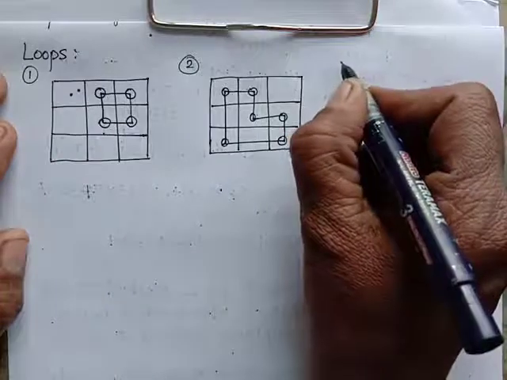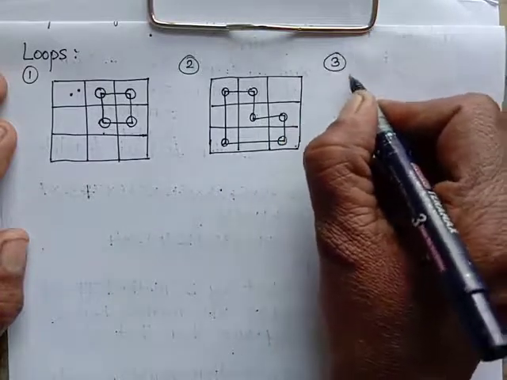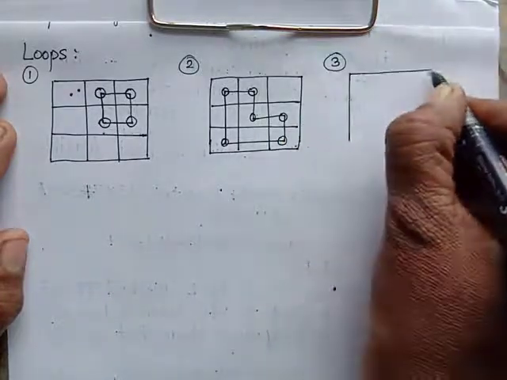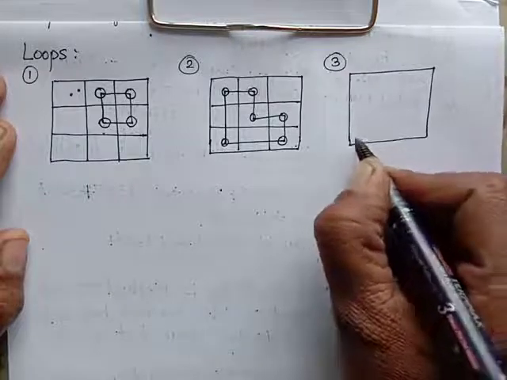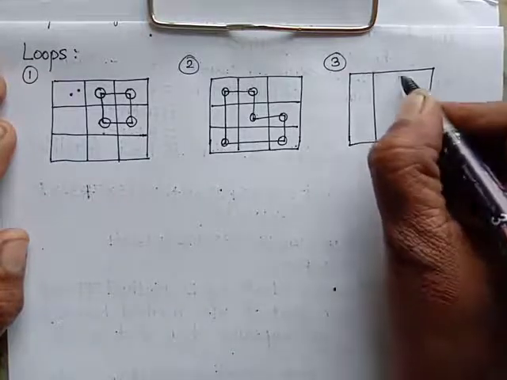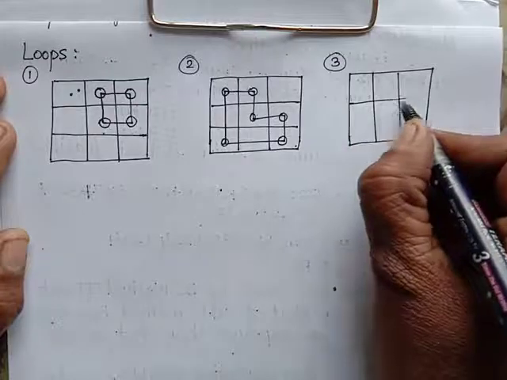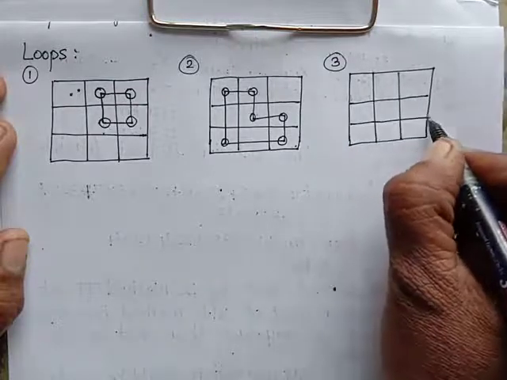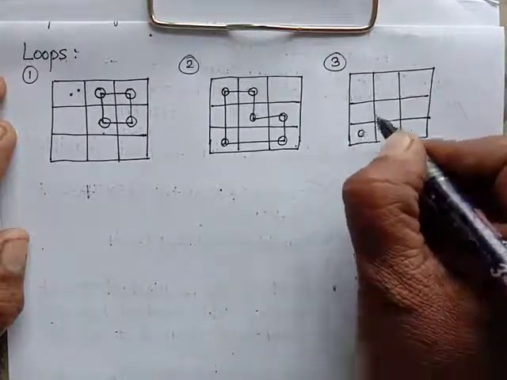Now suppose the third figure, or third table you can say, is as such. Now in the next table, suppose the allocations are here.